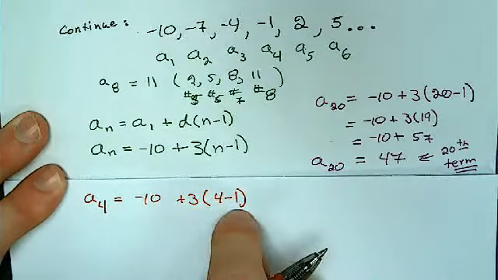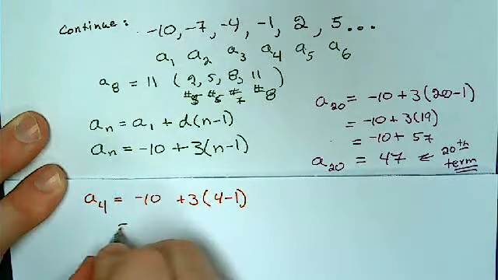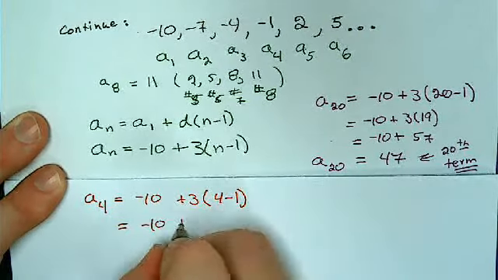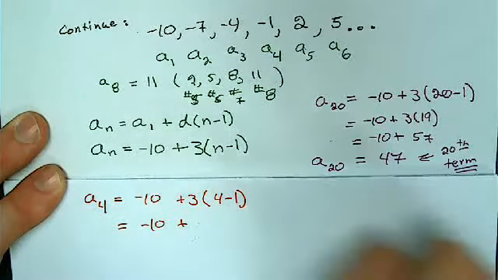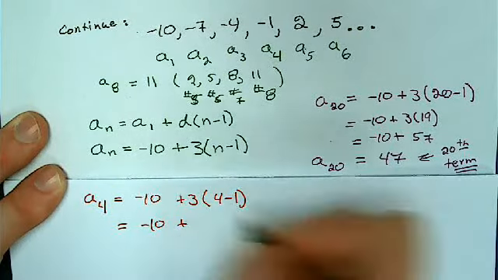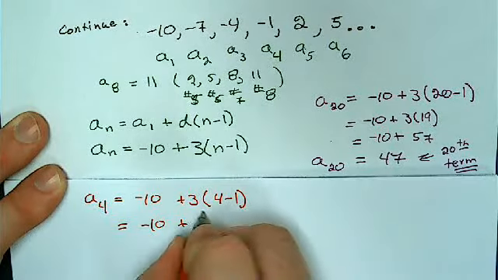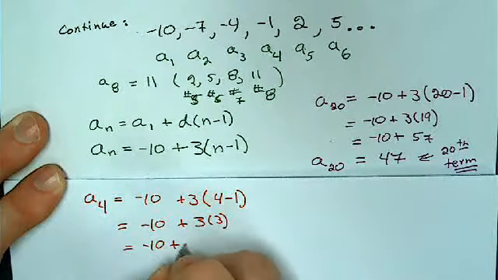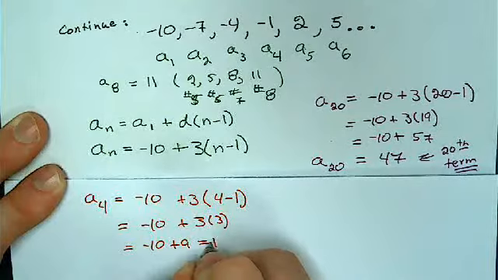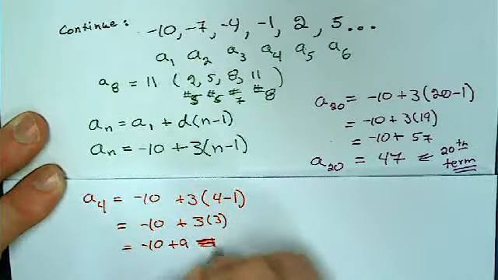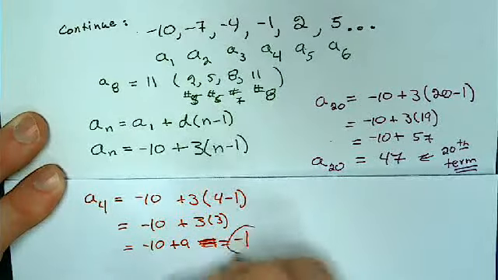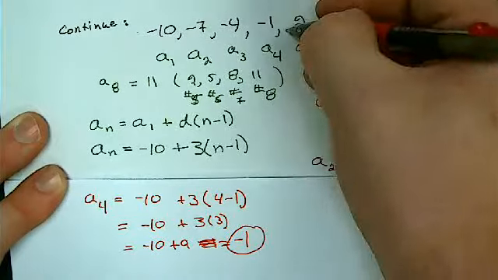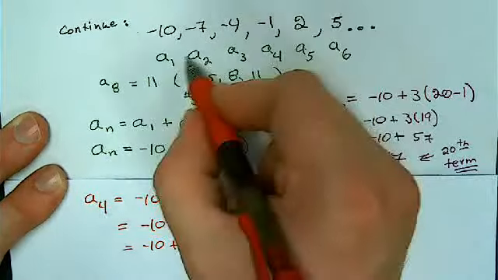The 4th term minus 1. 3 times 3, -10 plus 9 is -1. And that matches what I said I had for the 4th term when I worked it out longhand.